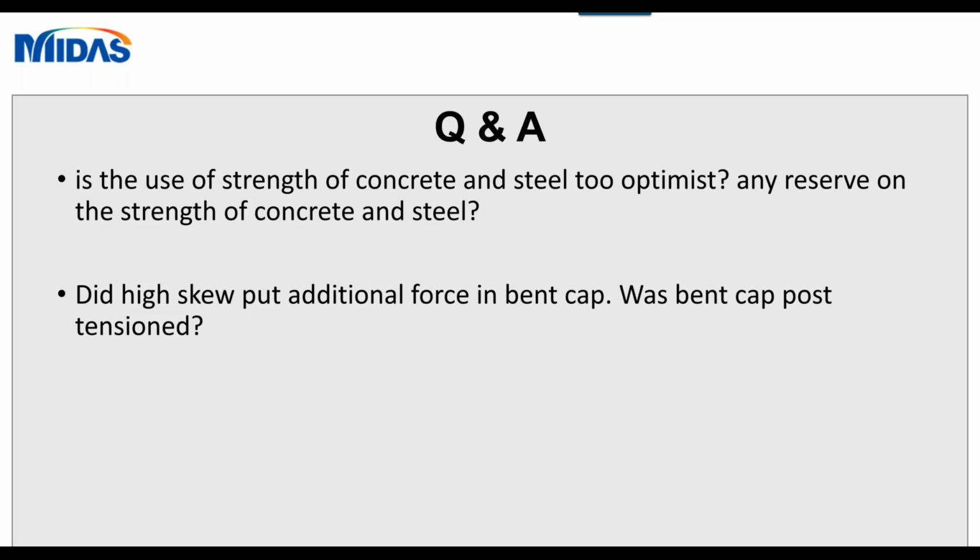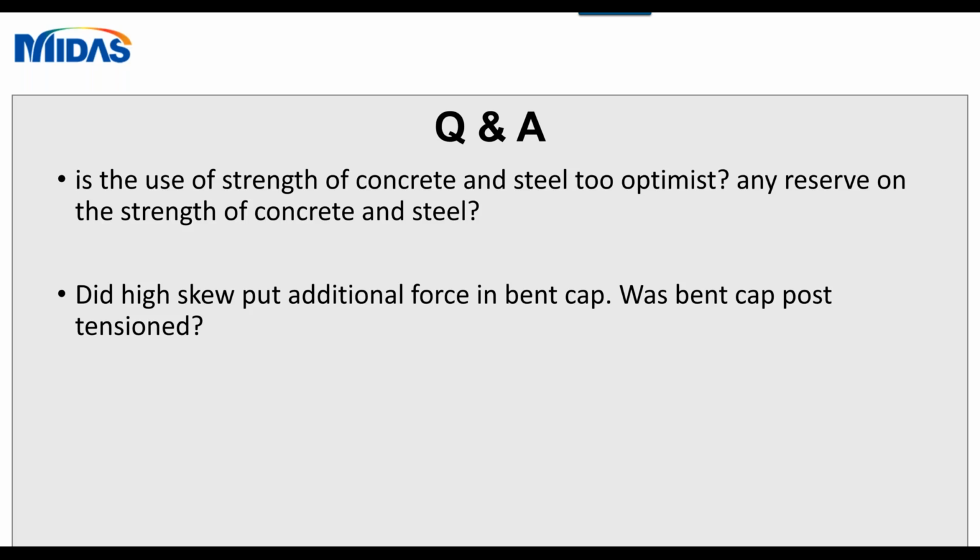Yes, there is. And then the highest Q put additional force in the bent cap. Was the bent cap post-tensioned? Yes, I answered that question, right? The bent cap next to the existing bridge is post-tensioned, and the skew is already modeled in the Grillage method. It accounts for it, which is different in a spine model.